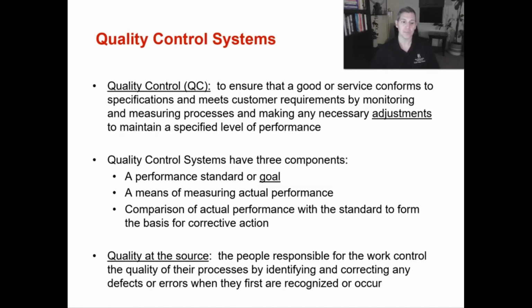Quality at the source means the people responsible for the work are responsible for the quality of their processes, by identifying and correcting any defects or errors when they are first recognized or occur. We have talked about employee empowerment. That requires that employees have a voice, that they can speak up when they believe something is going wrong at their workstation, or that they are collecting data to provide to upper management of the observations that they've made.